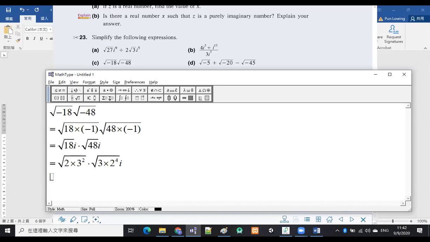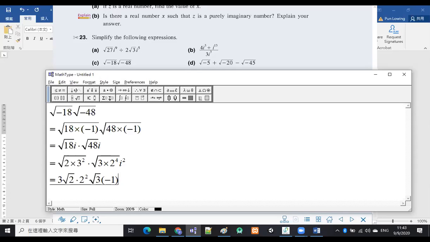And then we will take out the square factor from the square root sign. So it becomes 3 root 2. Wait, there's i squared here. 3 root 2 times 2 square root 3.